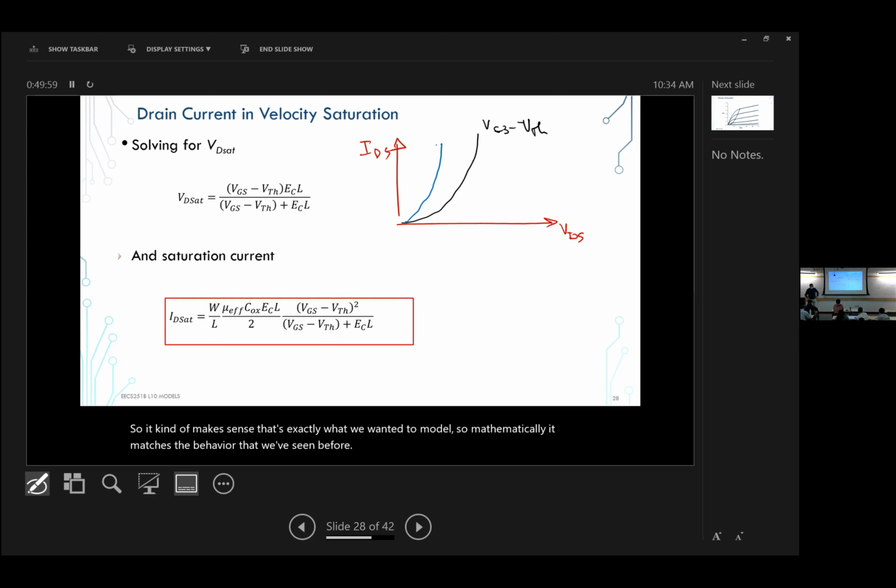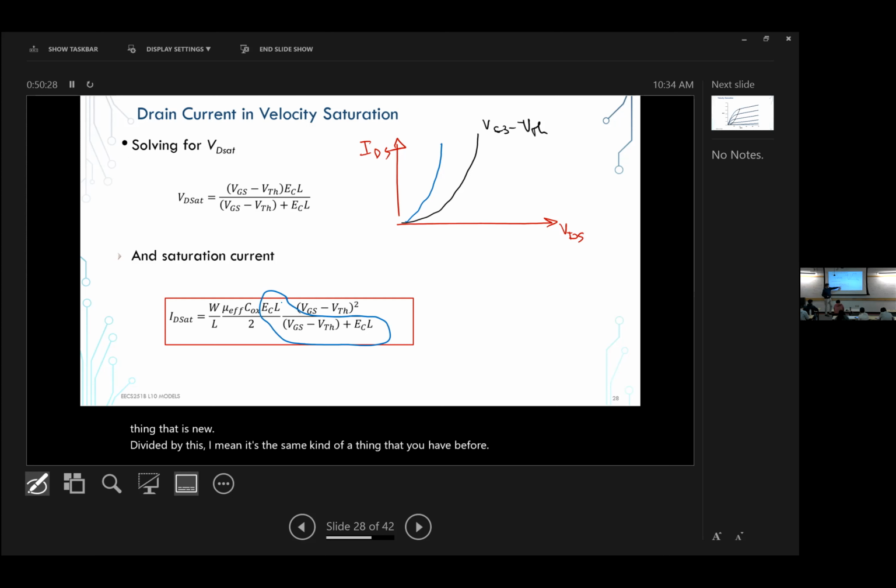Now, what's the saturation current? Does the saturation current make sense? It does. It's the saturation current that we have had before: W over L, mu effective Cox divided by 2 times VGS minus VTH squared. And then we've got this thing that is new: ECL divided by this. It's the same kind of thing that we have had before.